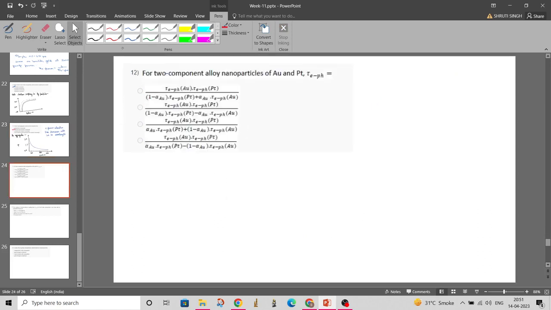The 12th question is, for a two component alloy nanoparticle of Au and platinum, the electron phonon relaxation time is given by.